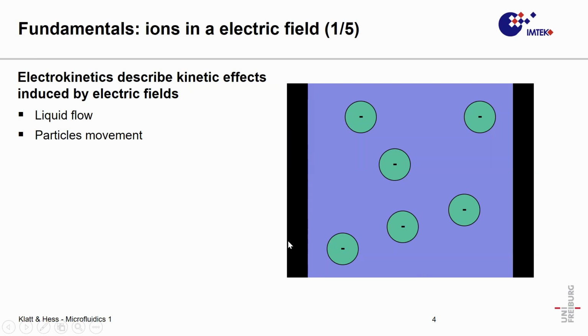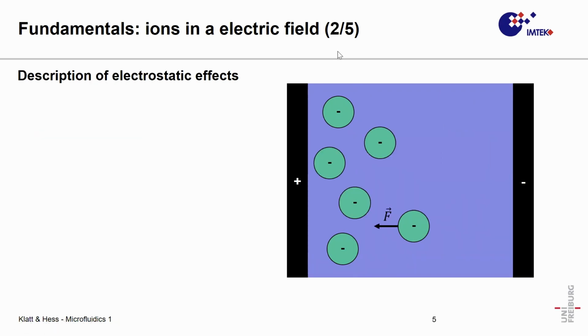Usually the black colored borders are electrodes and the blue colored area is a liquid. And the circles that are within this liquid are usually charged ions or particles. If you now apply a voltage on the electrodes, indicated by positive and negative signs, the particles will move in the respective direction.